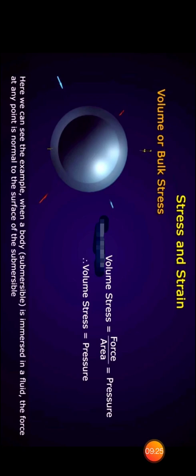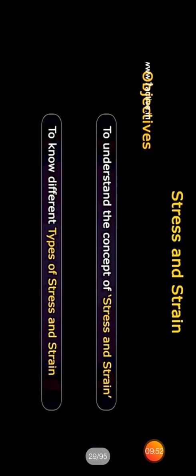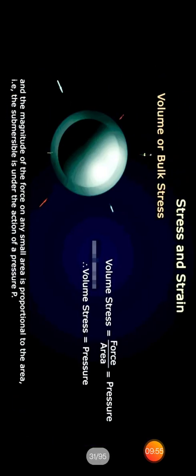Here we can see the example: when a submersible is immersed in a fluid, the force at any point is normal to the surface of the submersible, and the magnitude of the force on any small area is proportional to the area.